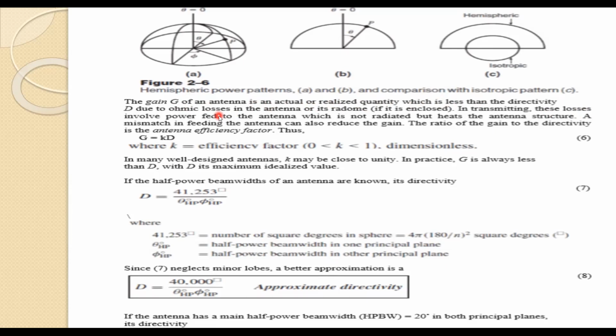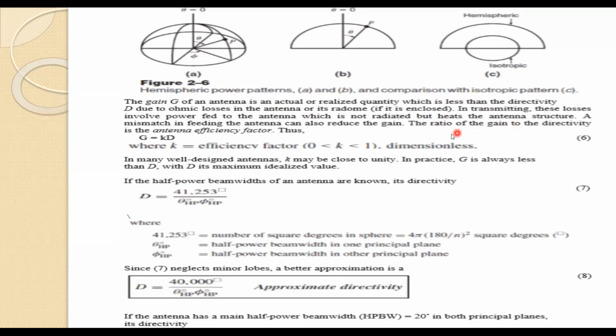Therefore, the gain of a particular antenna is always less than directivity due to ohmic losses. In transmitting, these losses involve power fed to the antenna which is not radiated but heats the antenna structure.